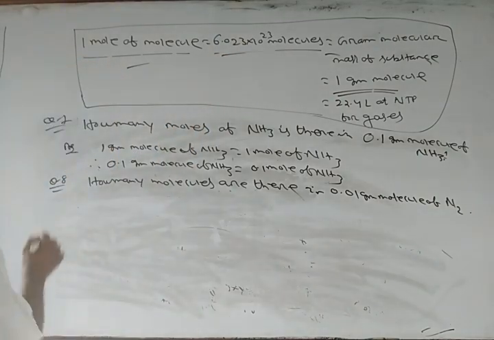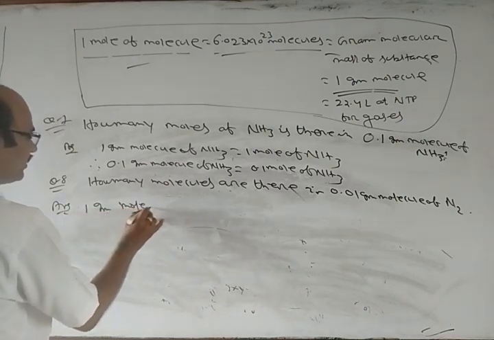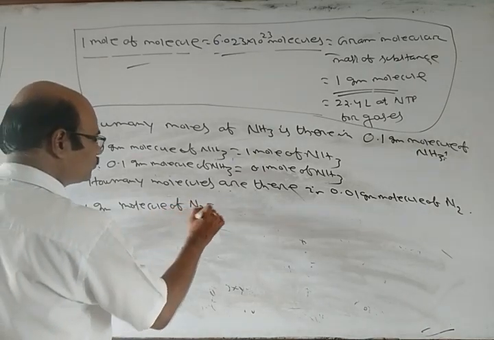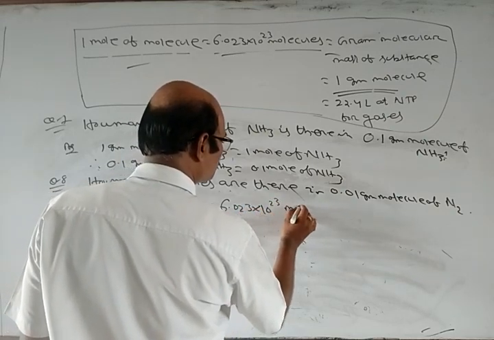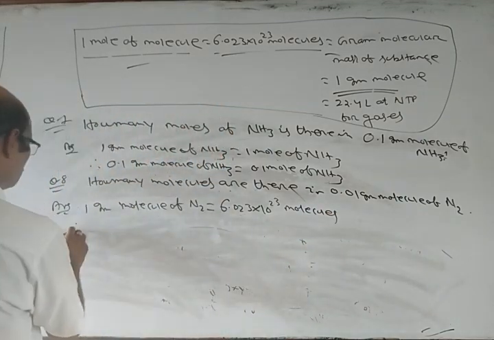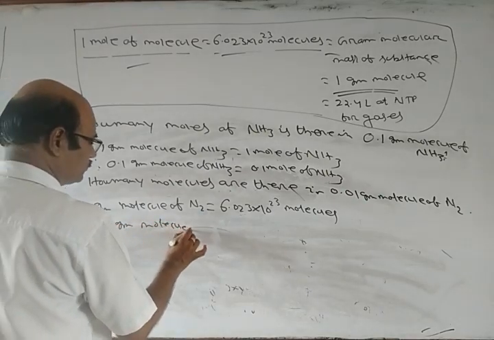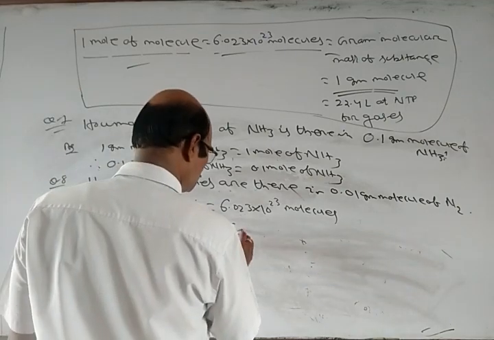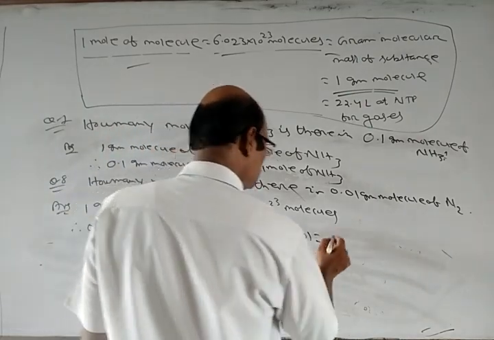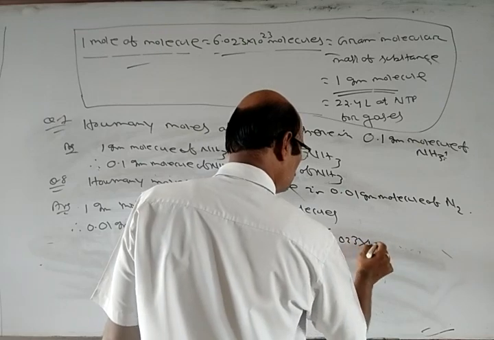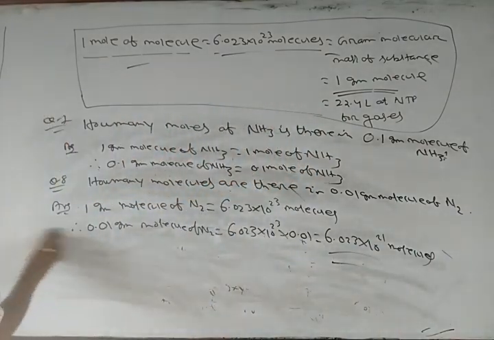Therefore 0.01 gram molecule of nitrogen is equal to 6.023 into 10 power 23 into 0.01, which equals 6.023 into 10 power 21 molecules.